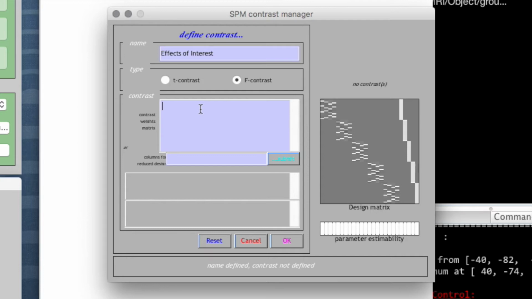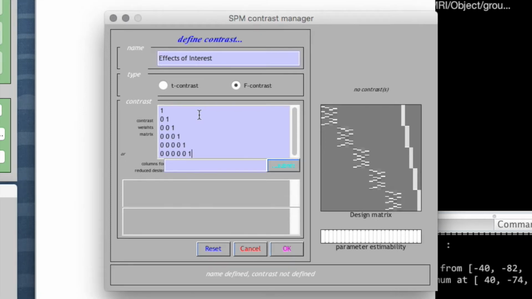I'll show you what it means. So we would have 1 on the first line, 0, 1 on the second, 0, 0, 1 on the third, 0, 0, 0, 1 on the fourth, 0, 0, 1 on the fifth. You can see where we're going with this.